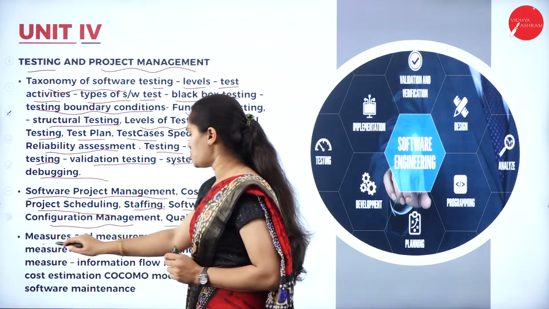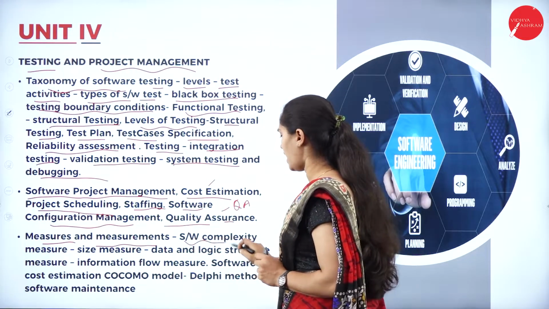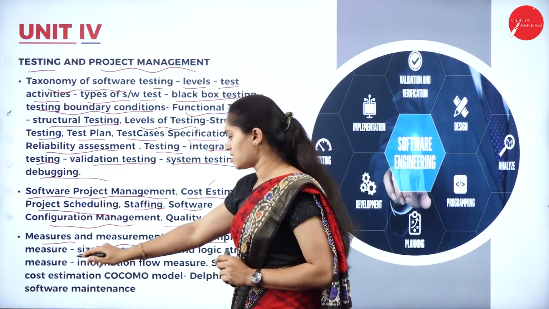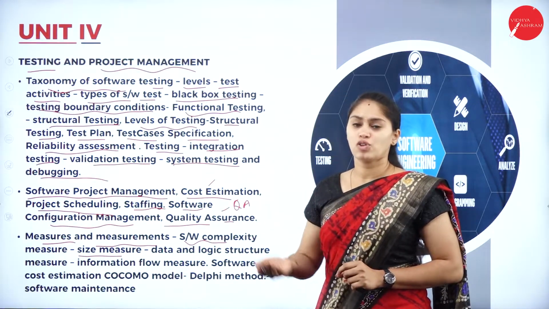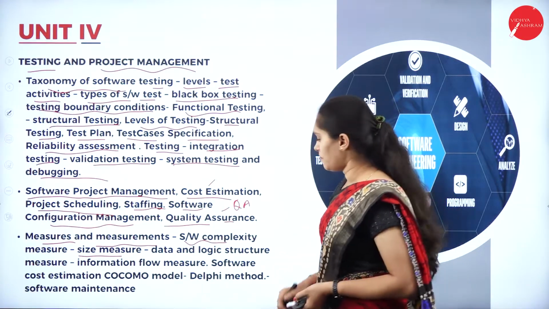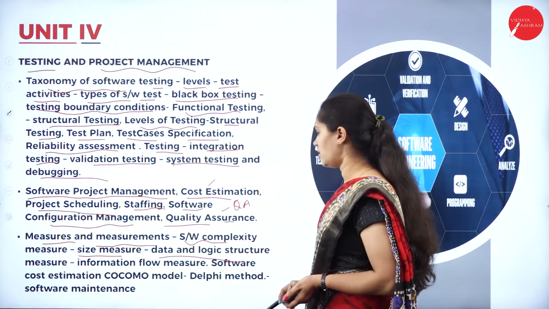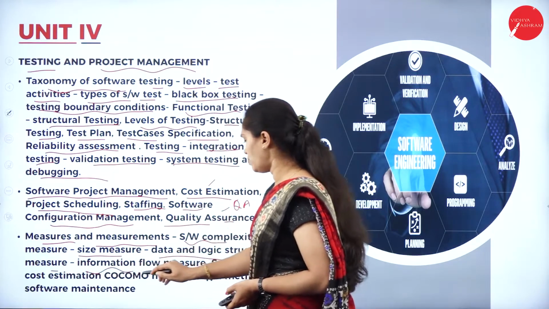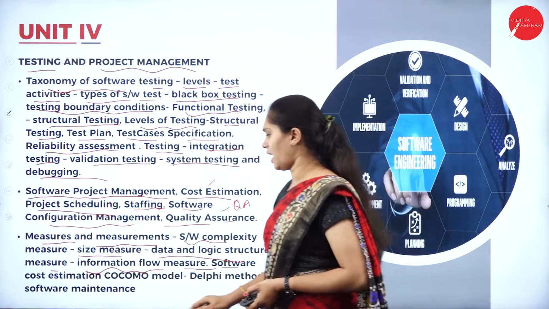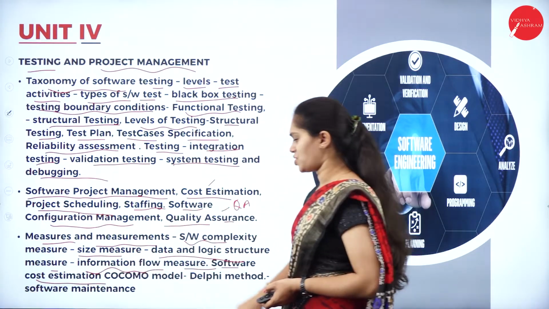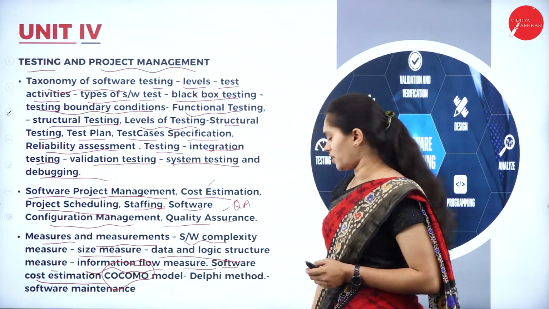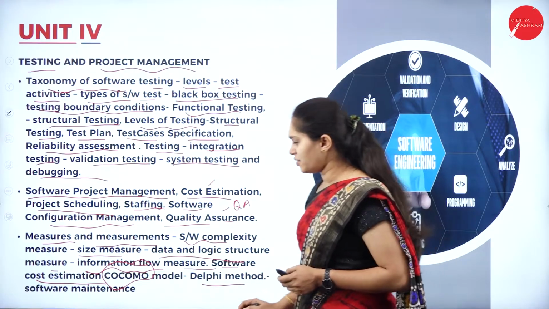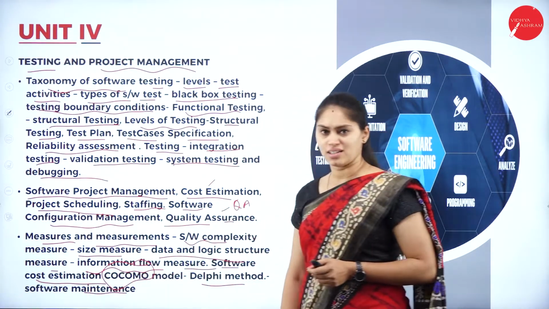So that is measures and measurements, and also we have software complexity measures with respect to size measure, the number of lines or the amount of code it requires to implement that project, and also data and logic structure measures, information flow measure, and also we have software cost estimation. For that we are going to have the COCOMO model. So this is important. Along with that, we have the Delphi method and then software maintenance at last.